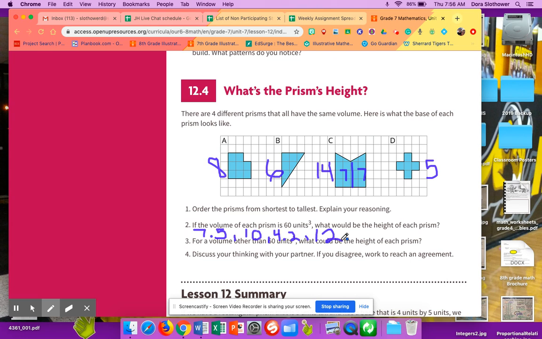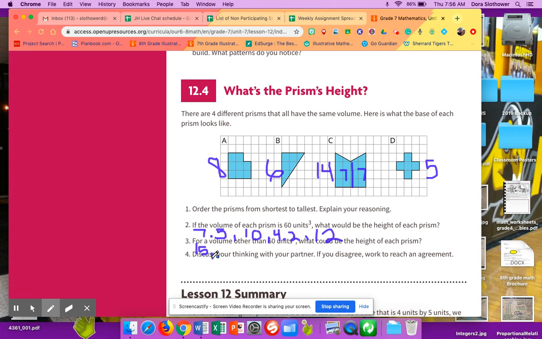Okay. For a volume other than 60, what would the height of each prism be? Well, instead of 60, why don't we do 120? So take 120, divide it by each of these. So for A, 120 divided by 8, you should get 15.